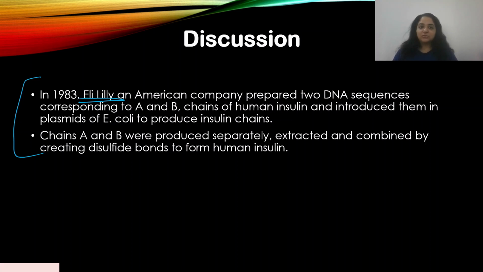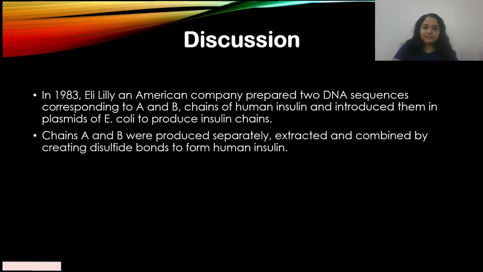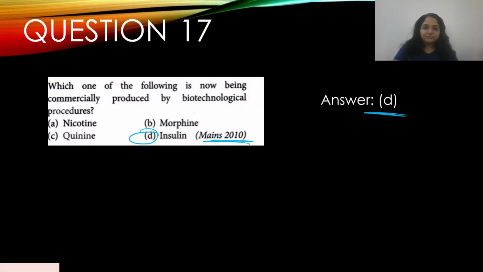That was a revolutionary achievement in treating medical diseases, and it helped patients that could not produce insulin in their body. This artificial insulin production helped them counter that insulin deficiency. All right, clear?